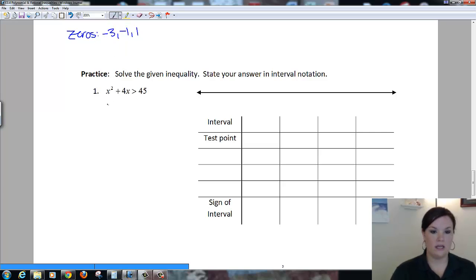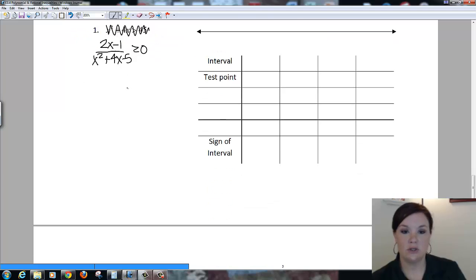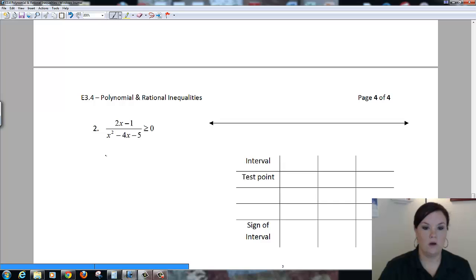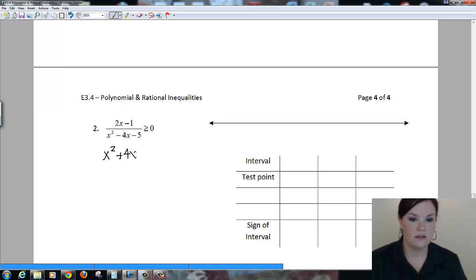Number 1 should be 2x minus 1 all over x squared plus 4x minus 5 is greater than or equal to 0. Then I'm going to move this one down to number 2. So number 2 should be what we had for number 1, which is x squared plus 4x is greater than 45.